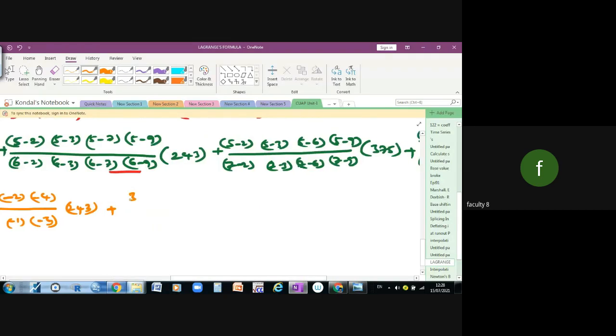So here 3, 2, minus 1, minus 2, divided by 5, 4, 1, minus 2, into 375 plus.